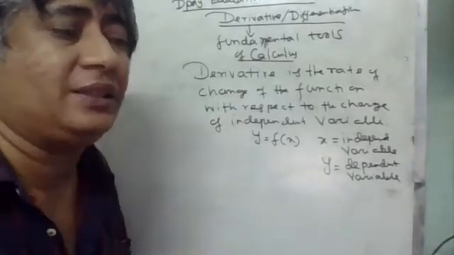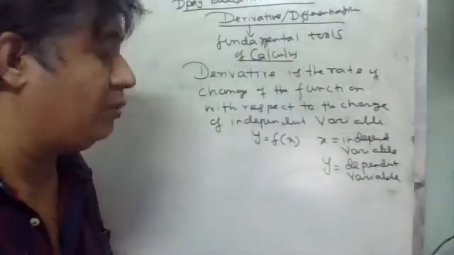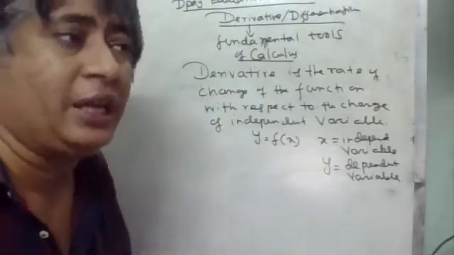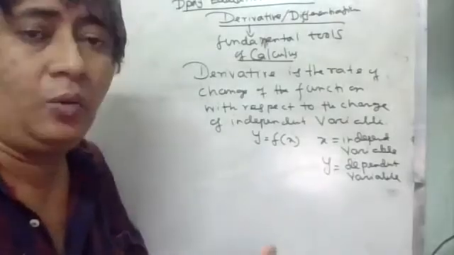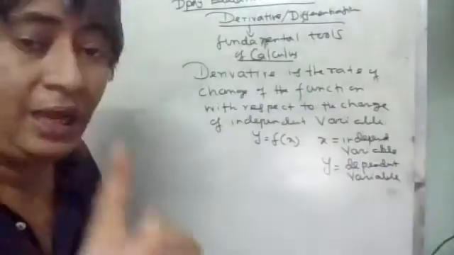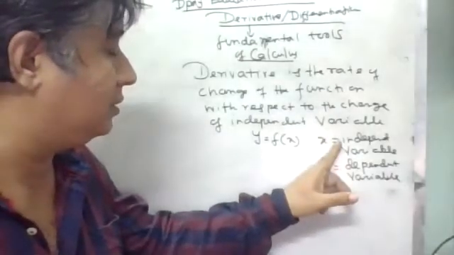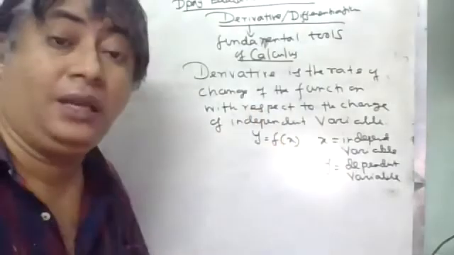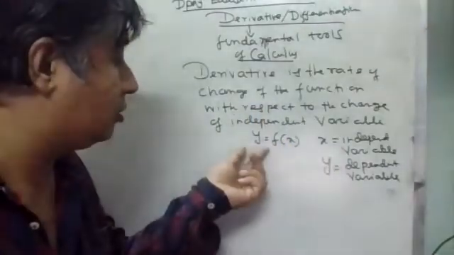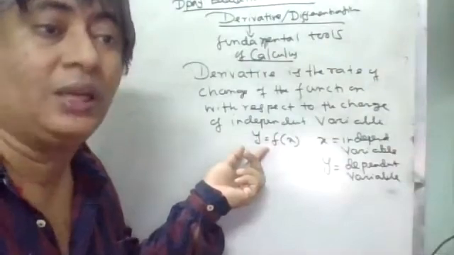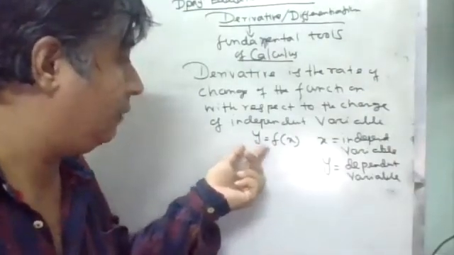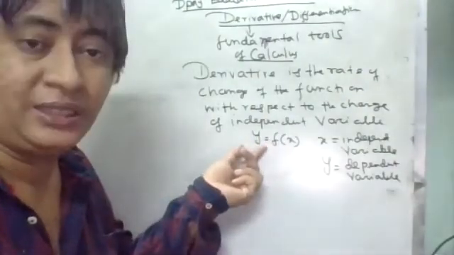You will take the decision. So you are independent. You are free enough to decide whether you will work hard or not. So that hard work is x, the independent variable. But depending on your hard work, your result will come. If you work hard, you will get a good result.